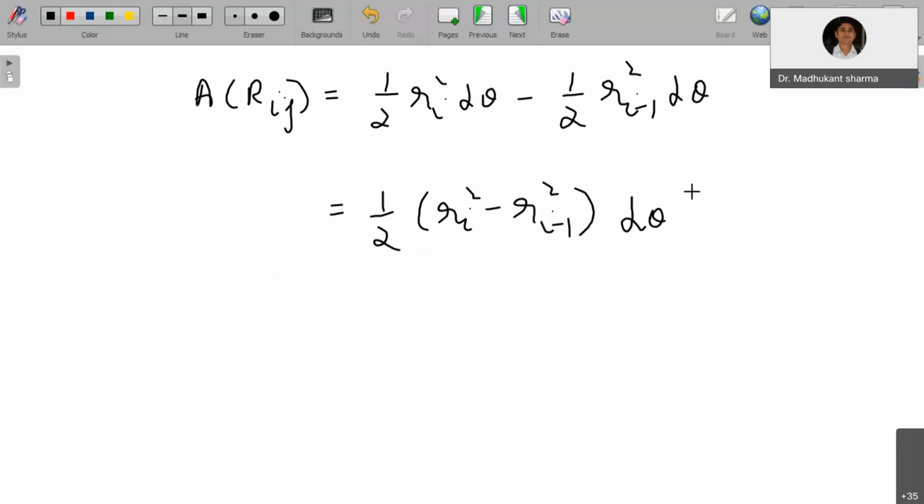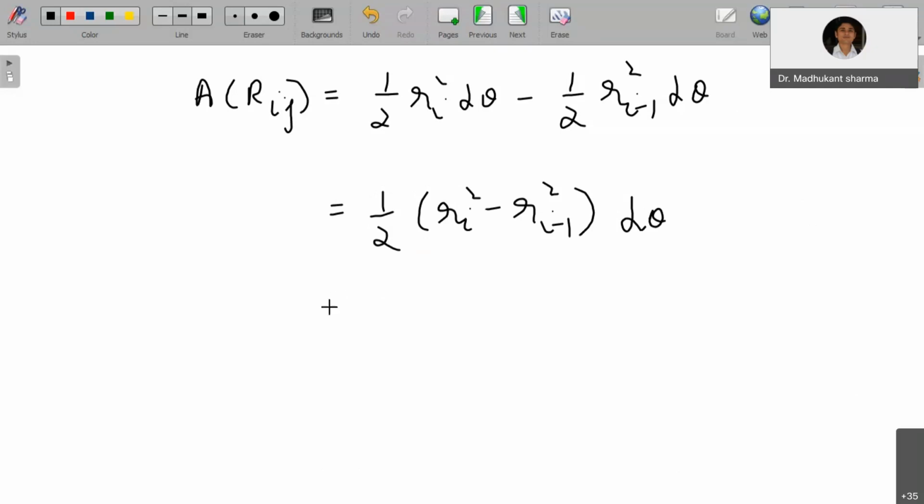This is similar to when f of x is the upper curve and g of x is the lower curve, and you take the area under f minus the area under g, which gives the area between the curves f and g.